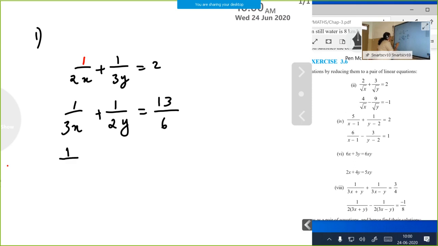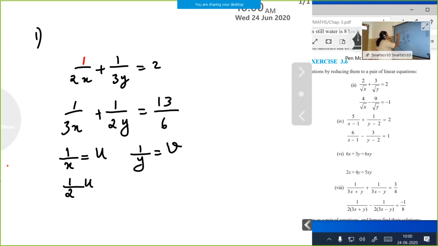Instead of 1 by x we take u, and instead of 1 by y we take v. Okay, clear?